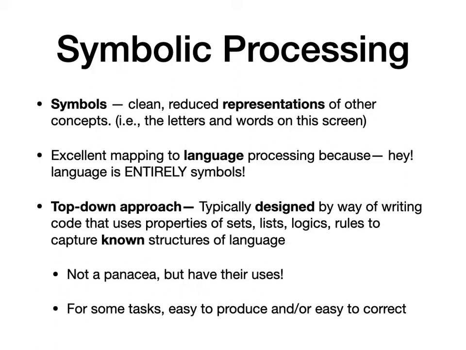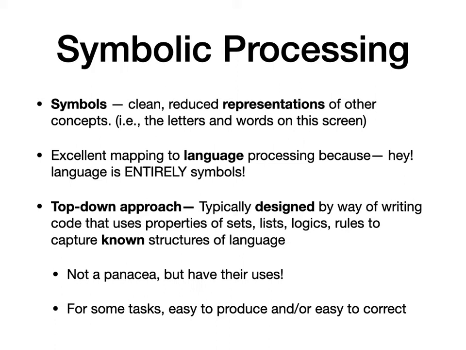It has an excellent mapping to language processing because, hey, language is symbols. That's kind of the whole deal, right? So this is a top-down approach. We are designing by way of writing code that uses the properties of things like sets, lists, logics, and rules of grammar to capture some of the known structures of language and then use them in prescribed ways where we already know sort of what the parameters are.